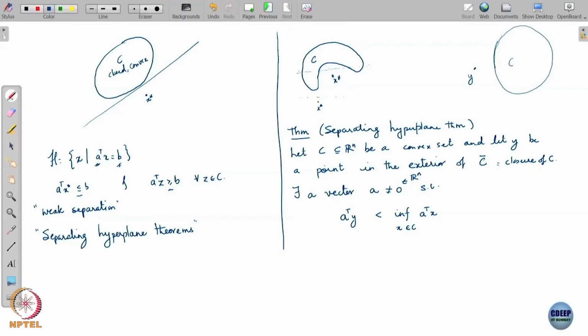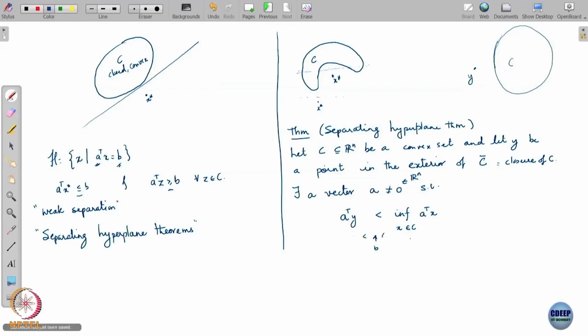Yes. So, I have that these two values are such that the left one is strictly less than the right one, right. So, I can always take a value B that lies in between them.